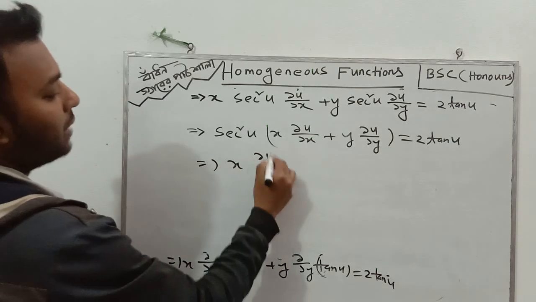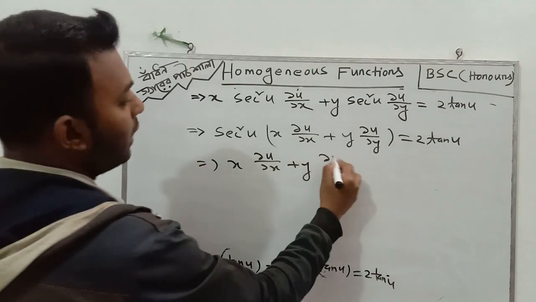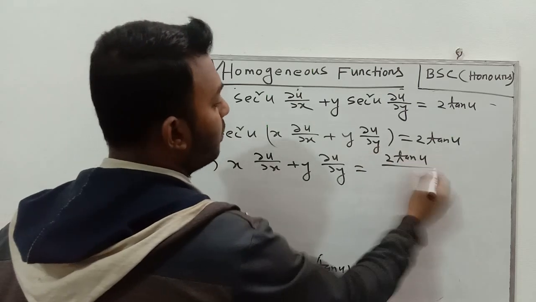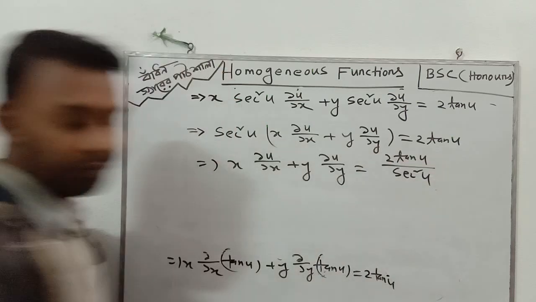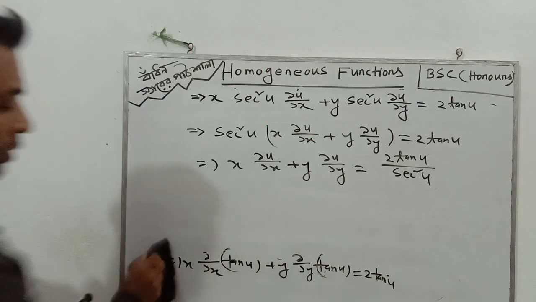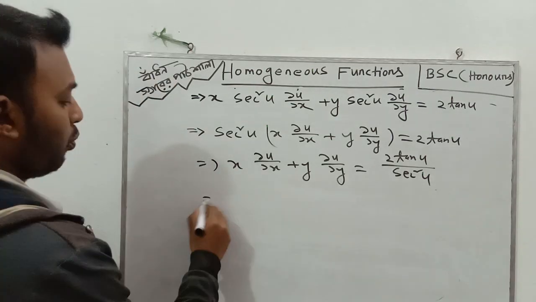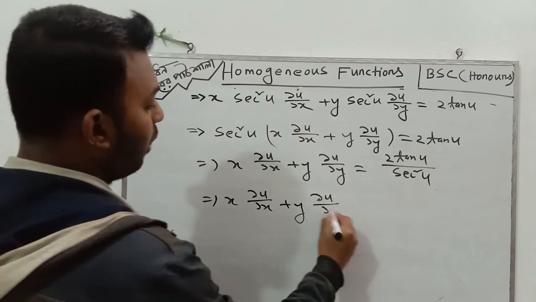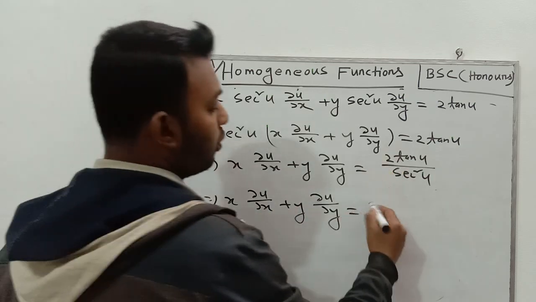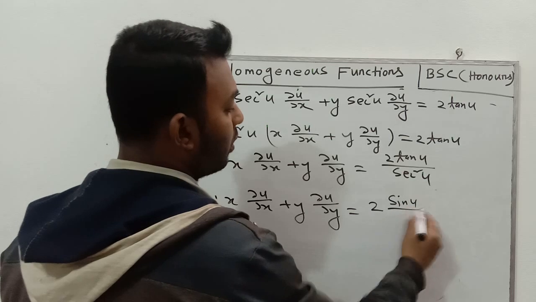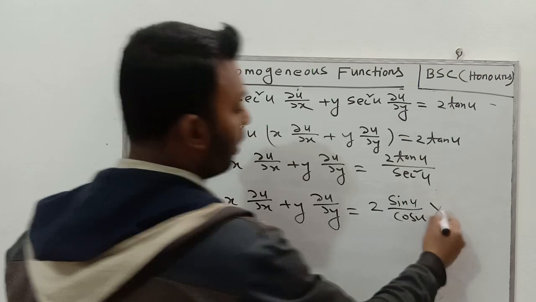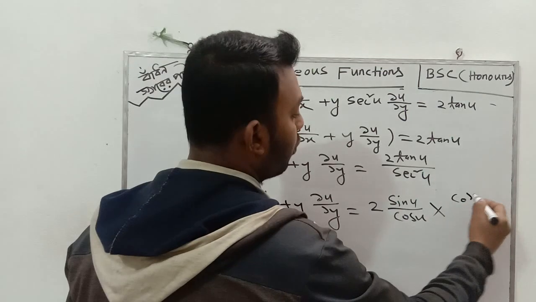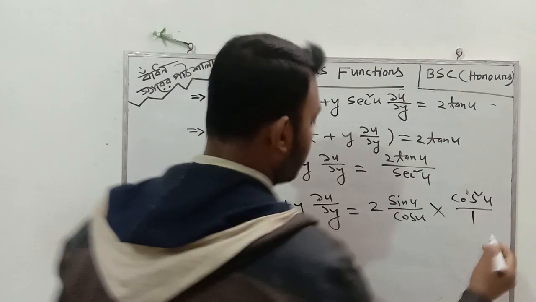So x del u del x plus y del u del y is equal to 2 tan u divided by sec square u, that is 2 sin u cos u, since sec is 1 by cos, so sec square is 1 by cos square u.